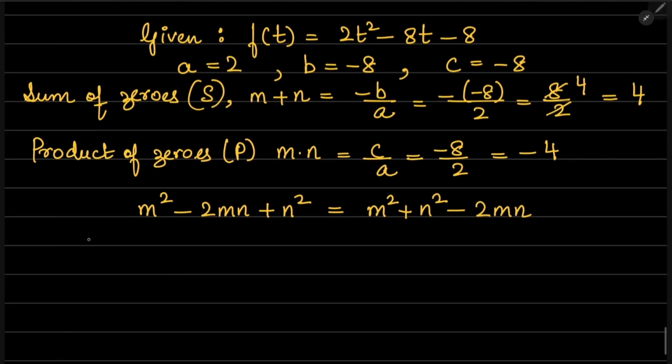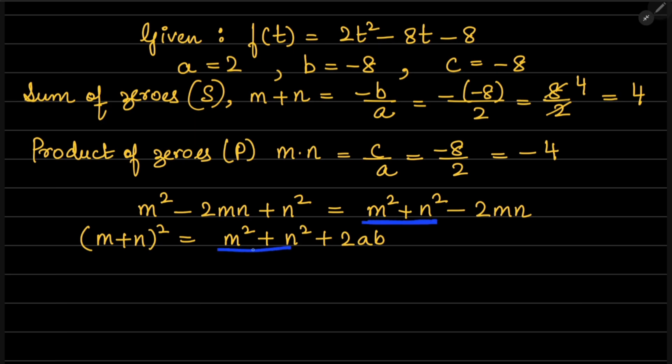We also know a formula which is nothing but m plus n the whole square, which is similar to a plus b the whole square. So m square plus n square plus 2mn, correct? But I need to find what is this m square plus n square.